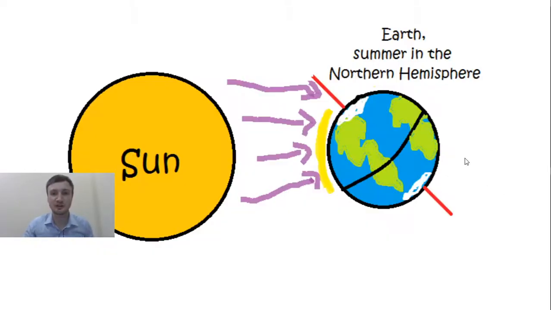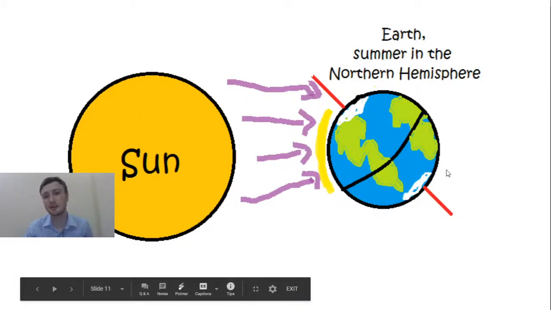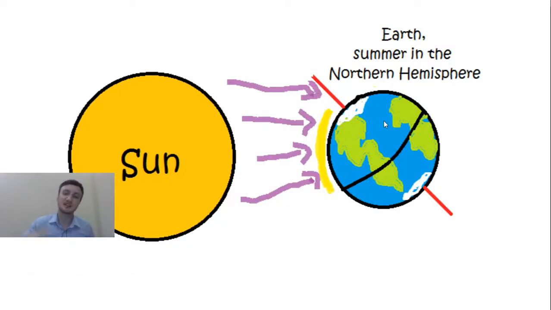And what this causes, this lovely drawing here, you can see sometimes a bit of the Earth will get more sun than the other hemisphere. So at the moment here in this picture, the northern hemisphere is kind of leaning towards the sun. So it's going to get more sunlight, more radiant energy from the sun hitting the Earth and warming it up.